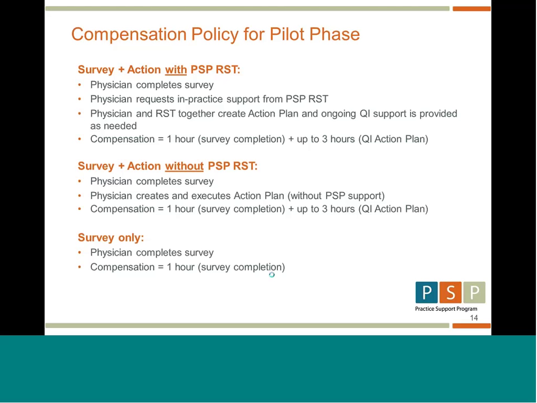So the doctor completes the survey. They request some in-practice support from one of you. Together, you create an action plan and provide some ongoing support around the QI work. And if they do that, their compensation is set at 1 hour for their survey completion and up to 3 hours for action period work.